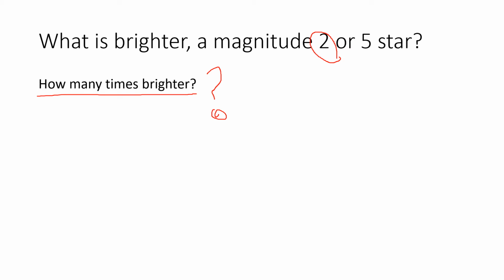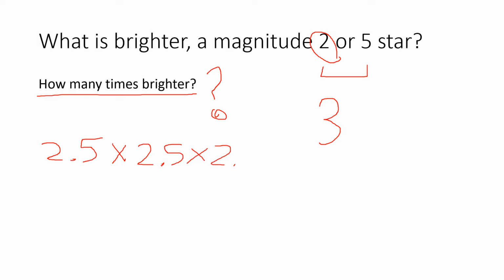So how many magnitudes are there between magnitude 2 and magnitude 5? The answer, of course, is that there are 3 magnitudes difference. And remember, for each magnitude, we have a brightness difference of 2.5 times. So, since we have 3 magnitudes difference, we have to multiply 2.5 times 2.5 times 2.5.